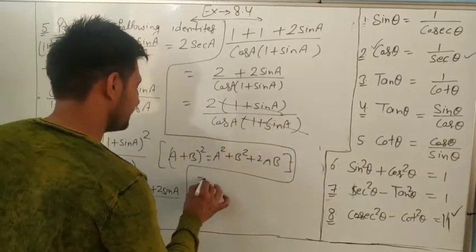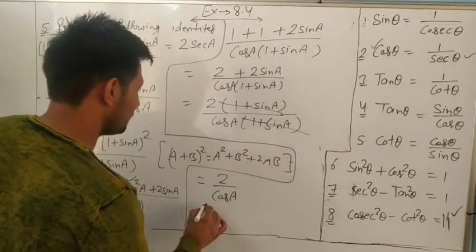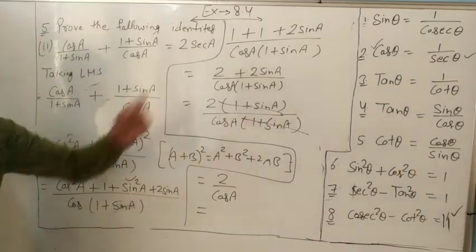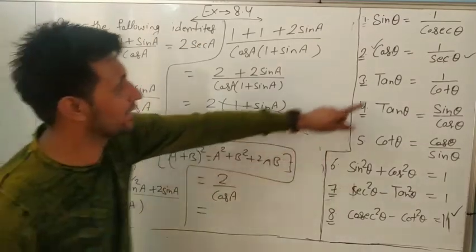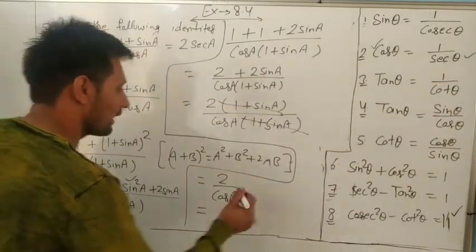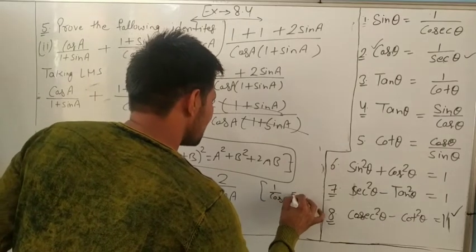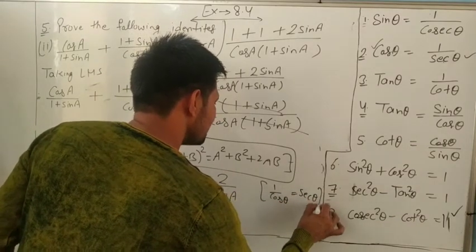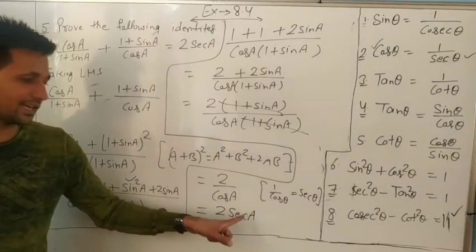So what remains? 2 by cos A, but we want to find the answer in sec, so 2 divided by cos A. 1 upon cos theta is always secant theta. So it is 2 into secant A, because we are using angle A.